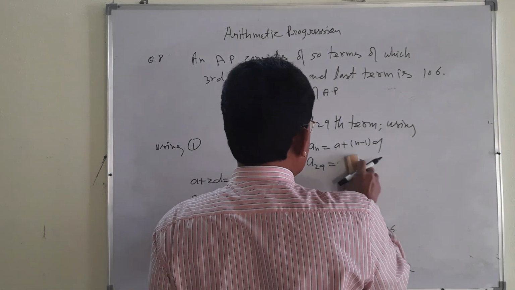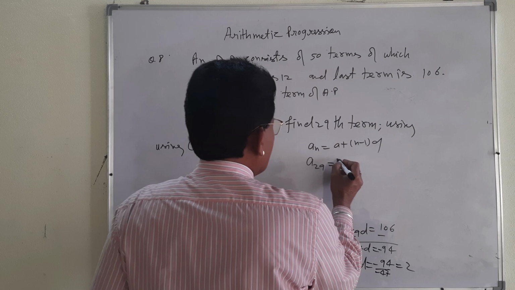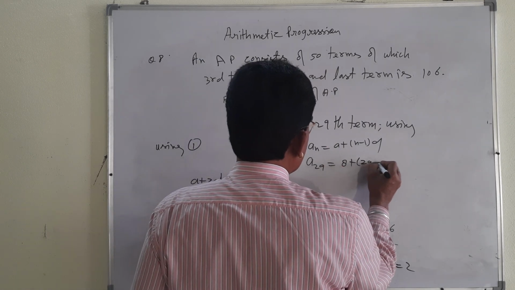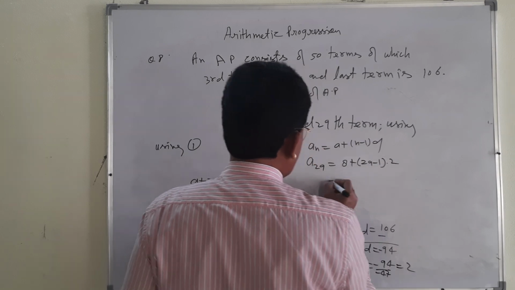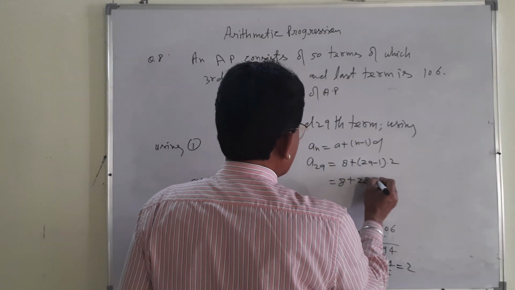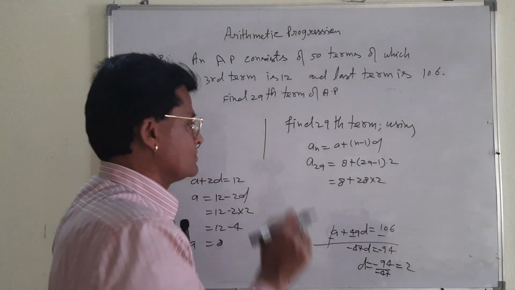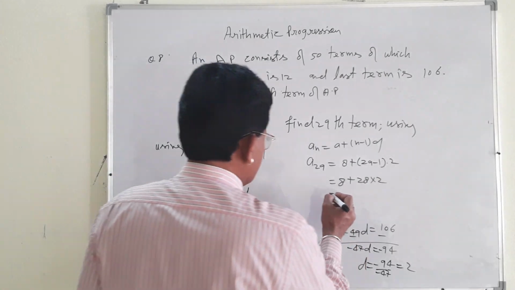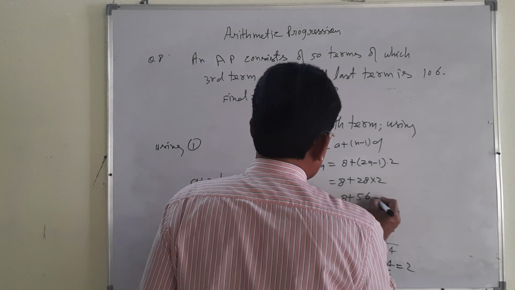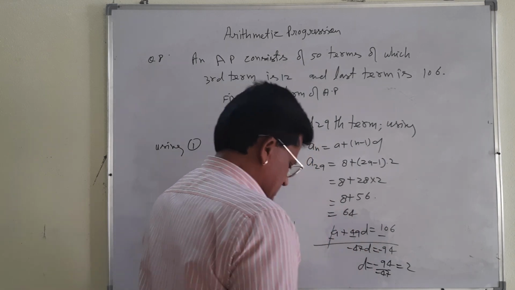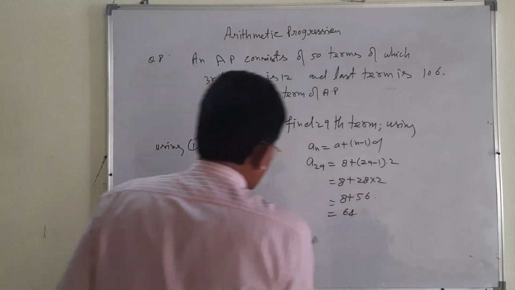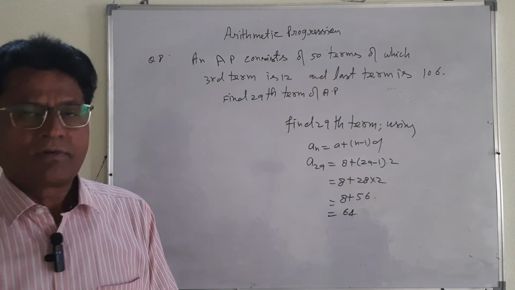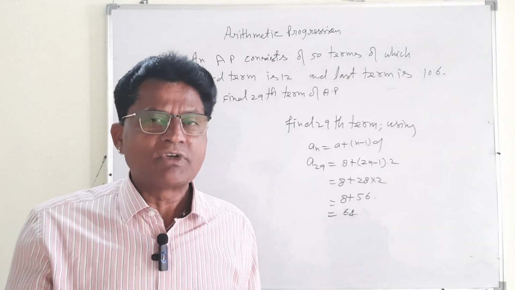Let me substitute the values here. a is 8, I already told you, plus 29 minus 1 into d, d is equal to 2. 8 plus 28 into 2, because 29 minus 1 is 28, and 28 twos are 56. 8 plus 56, how much is it? 64. The 29th term will be 64. Very simple question. I think you understand the solution.